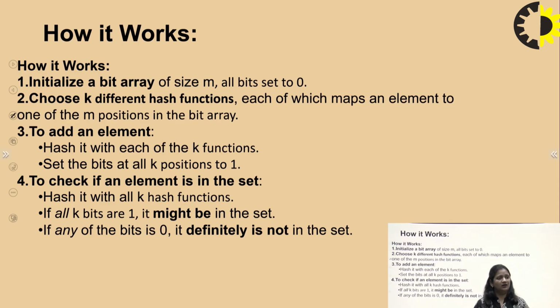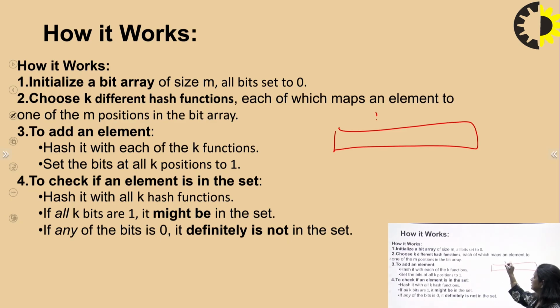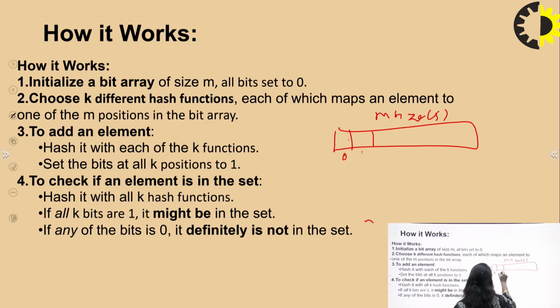Let's understand the various points in that. Initialize a bit array of size m. As we discussed, for example, m is 5, with indices 0, 1, 2, 3, 4, because this is an array, so we start at index 0.